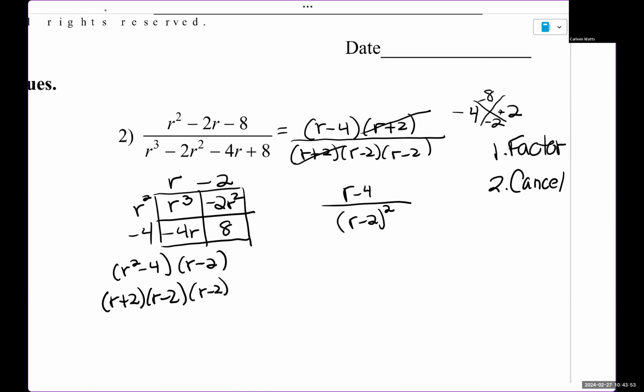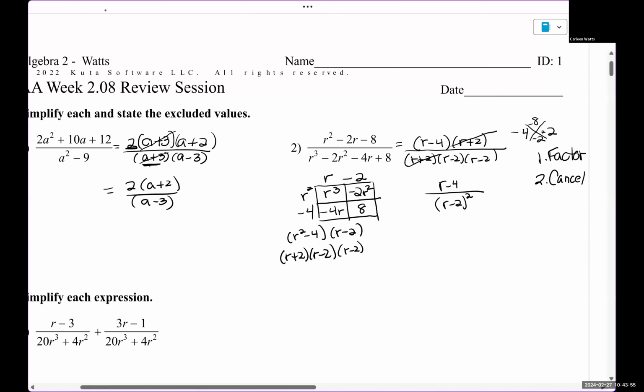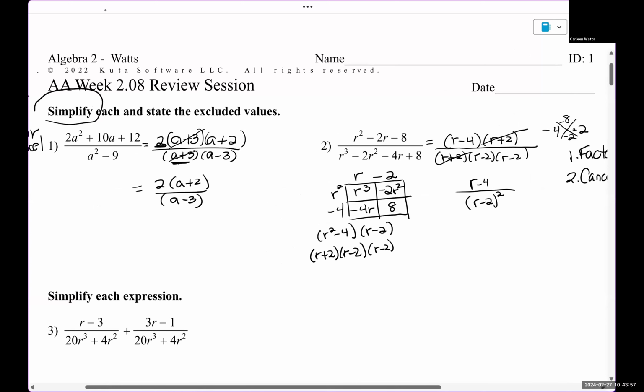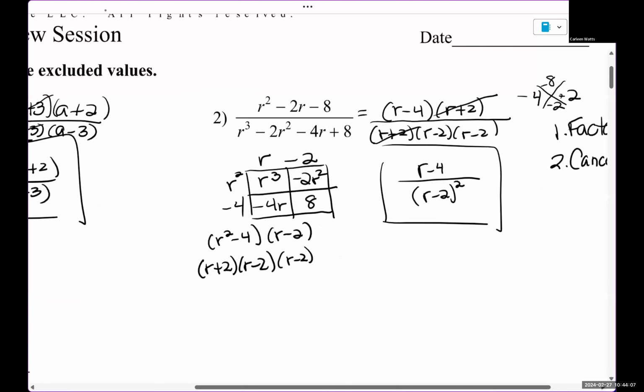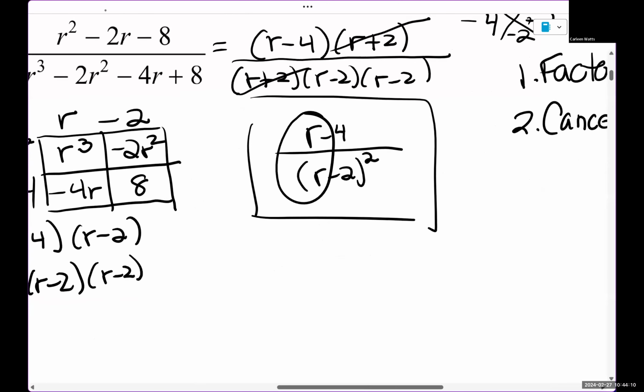Okay, so let's go back and look at the directions. Simplify. Okay, that's what we did. But the directions also say something else. Oh, quick question. Can I cancel those R's? No, not if they're separated by a plus or a minus.